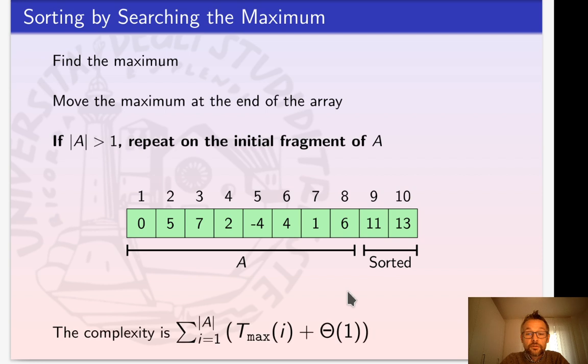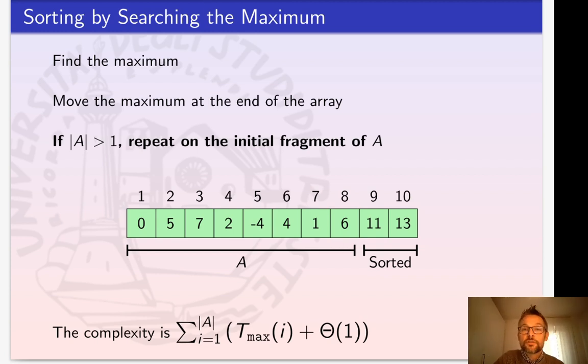And by repeating all these steps, of course, I'm able to sort the array itself, and as you can see here, I'm not swapping the elements in the sorted part of the array.